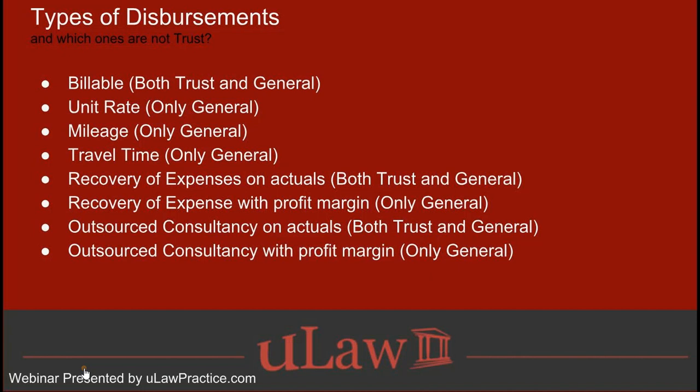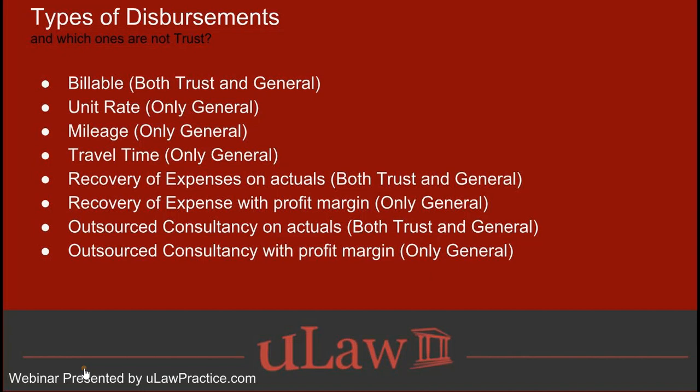If it's mileage, travel time, or expenses such as unit rate, then general is a better example to use, where you actually pay for it up front and then recover it through that generation of that invoice.